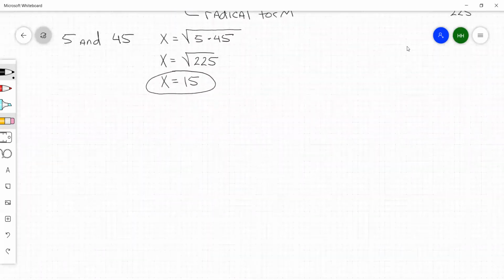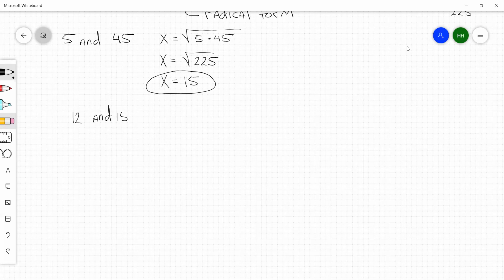All right, let's do 12 and 15. So x is going to be equal to the square root of 12 times 15. And 12 times 15 is 180.